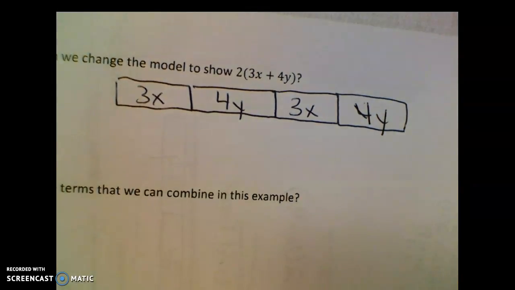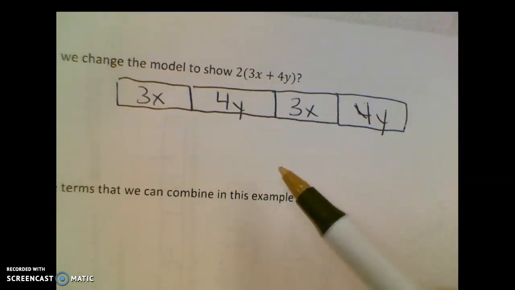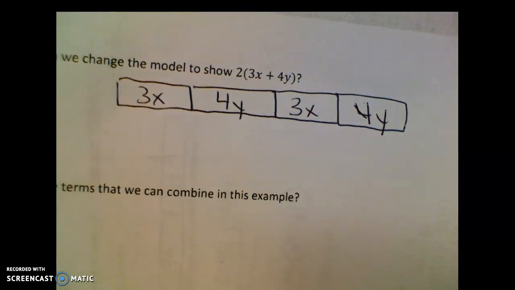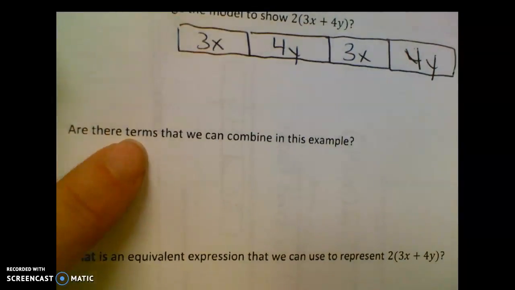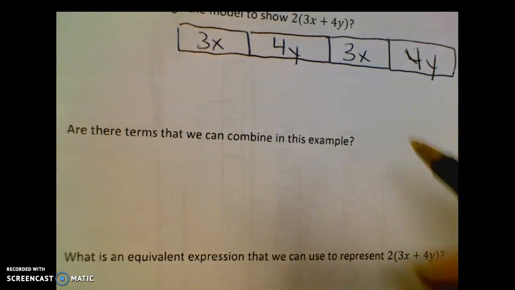So are there terms that we can combine in this example? Are there terms that are similar to each other? Yes. We could commute these around, use the commutative property to change the order of these so that we have our terms that are similar together.